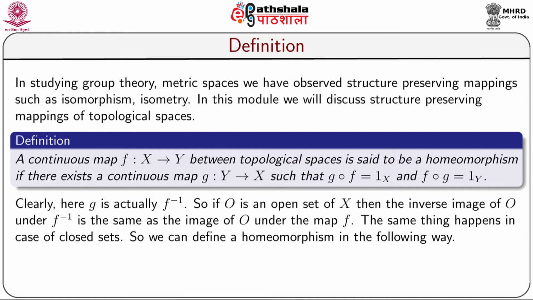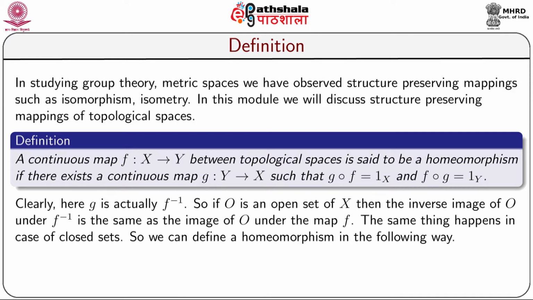By a homeomorphism f from X to Y, we shall mean a continuous function f from X to Y such that its inverse exists from Y to X and the inverse is also continuous.